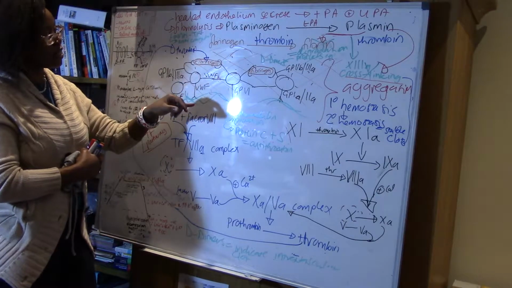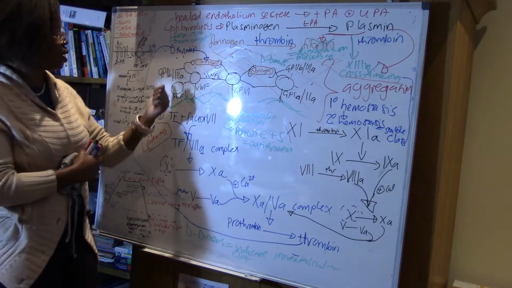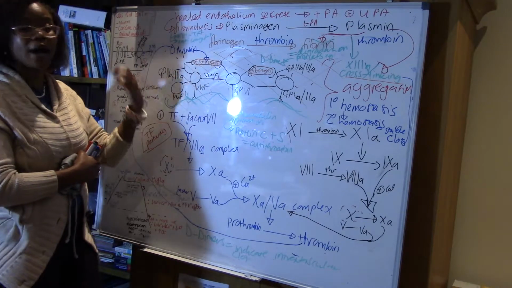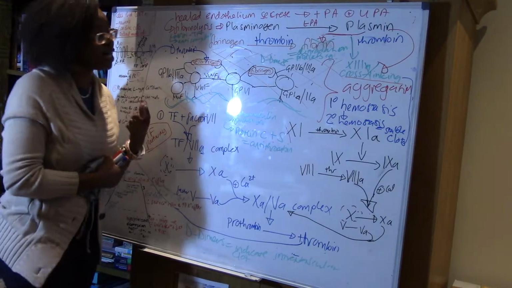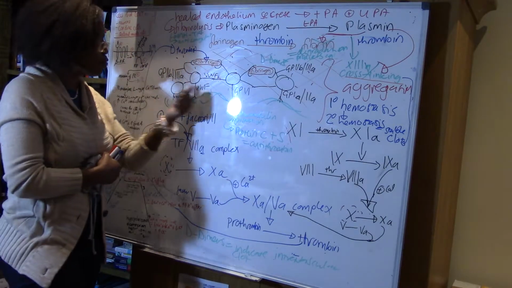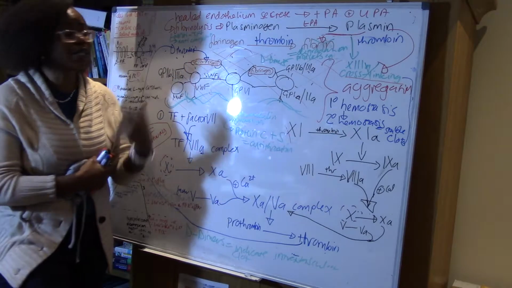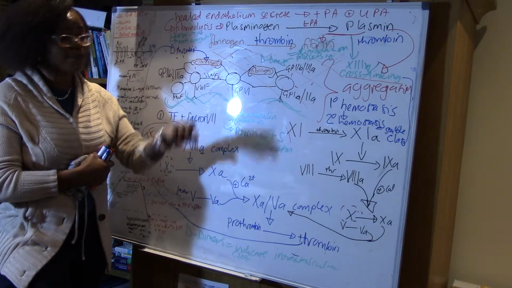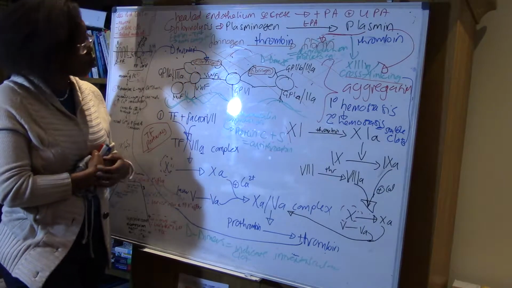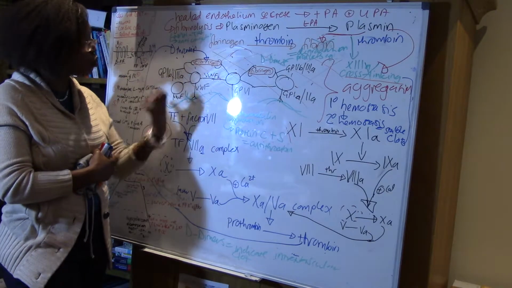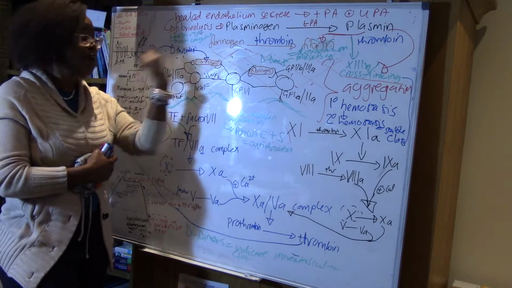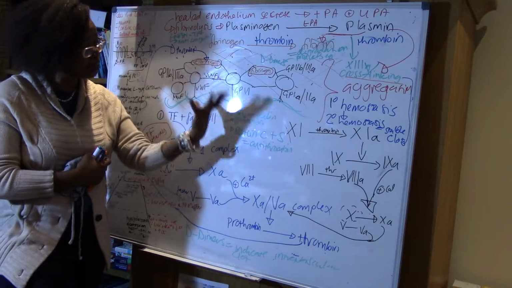I've also shown how platelets release their own granules, the alpha and the dense granules, which contain substances such as calcium, von Willebrand factor, histamine, serotonin, factor 5, growth factors, ADP and ATP, all of which are used by platelets in an autocrine and paracrine fashion to activate themselves.